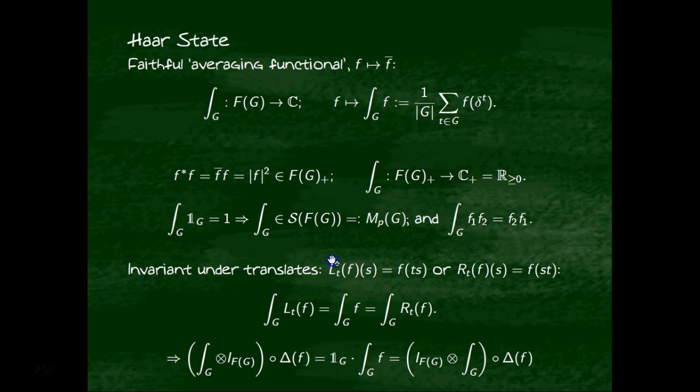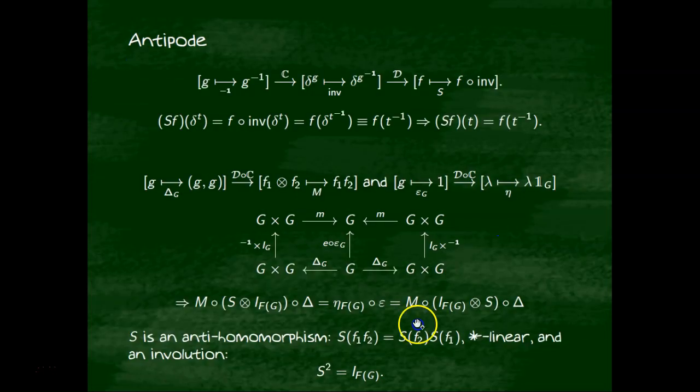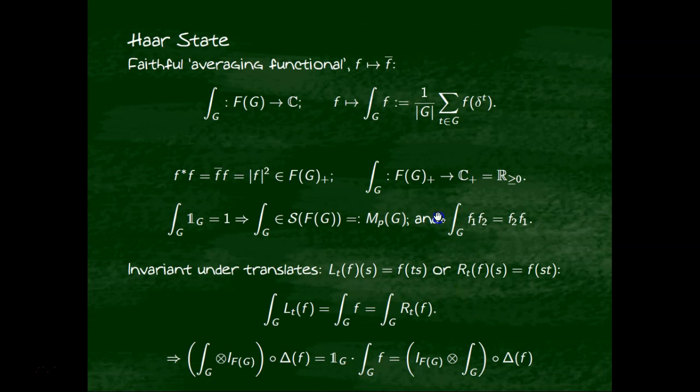But in a larger category, this isn't always true. And in fact, pretty much this is true whenever this is true. But in the finite, in the commutative case, they're both true. And in fact, in the finite quantum groups, they're both true.